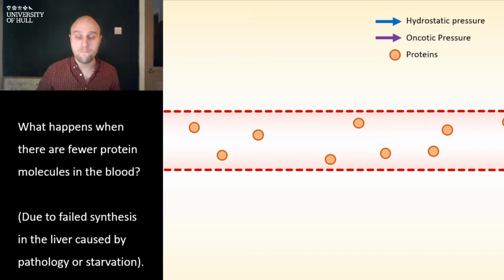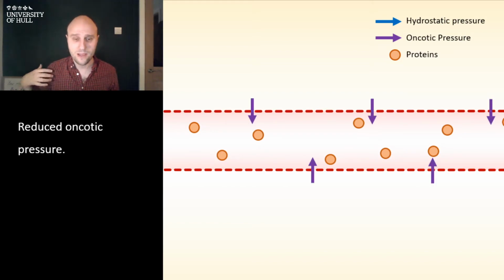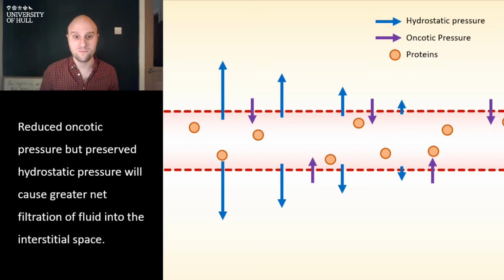And so there are fewer proteins and big molecules floating around in the blood. Well, this will, as you've probably already guessed, reduce the oncotic pressure. If there are fewer big molecules within the intravascular space, there'll be less oncotic pressure drawing water into the intravascular space.